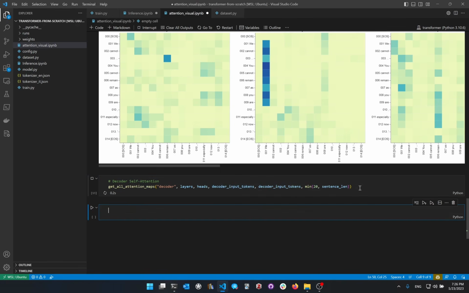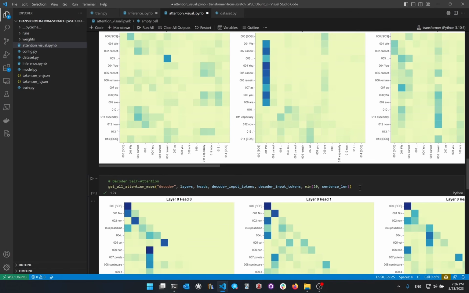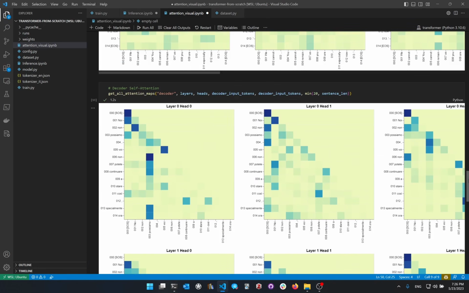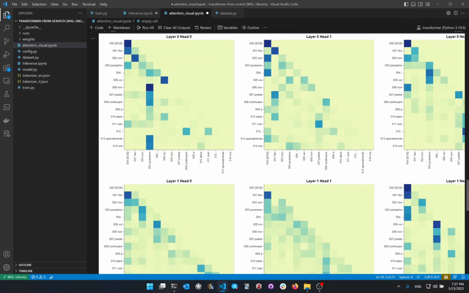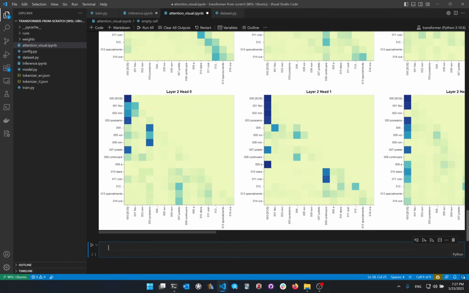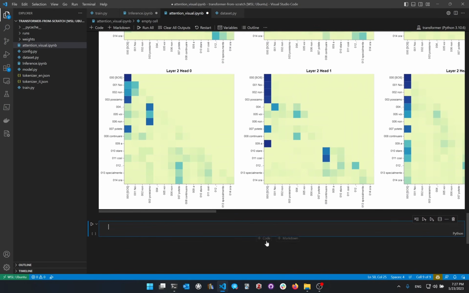Let's visualize. We should see the Italian language now because we are using the decoder self-attention. And it is. So here we see a different kind of attention on the decoder side. Also here we have multiple heads that should learn different mappings, and different layers should learn different mappings between words. The one I find most interesting is the cross attention.